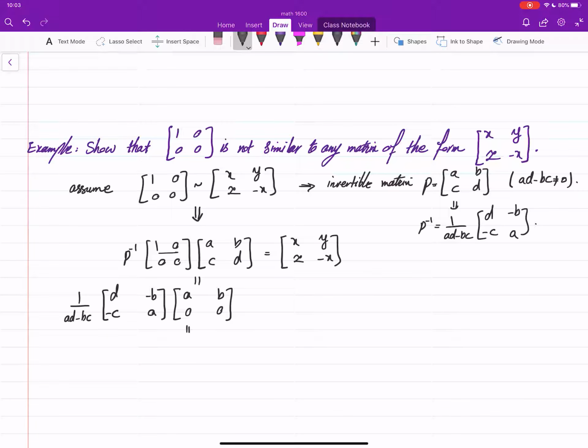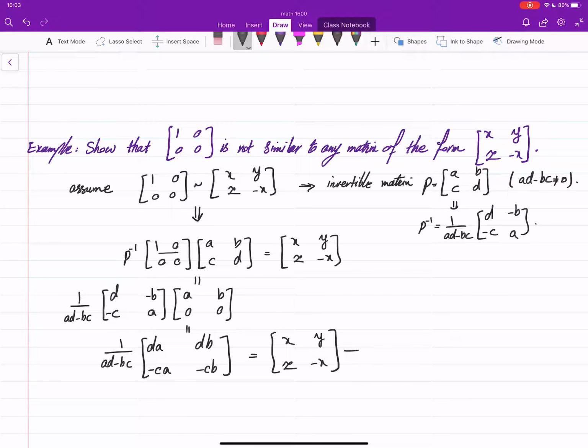Well, let's multiply that part. So this will be 1 over AD minus BC times DA, DB, minus CA, and minus CB. If our assumption is true, then this will mean that this equals x, y, z, minus x. This is by our assumption that the left-hand side is equal to the right-hand side.